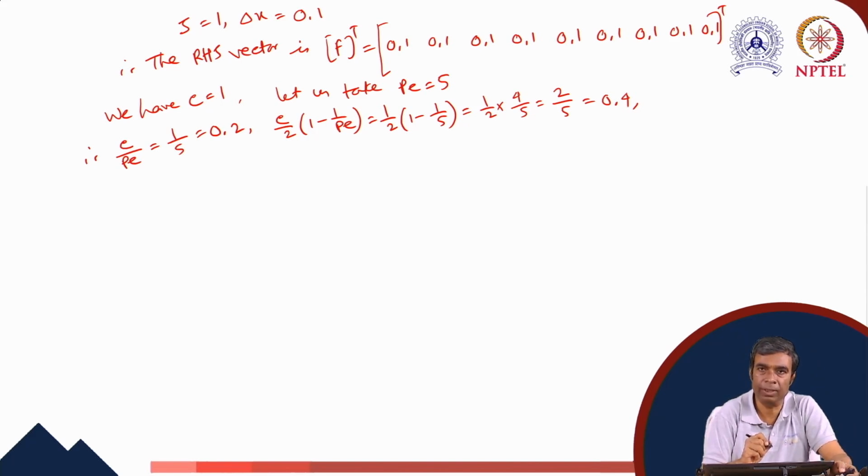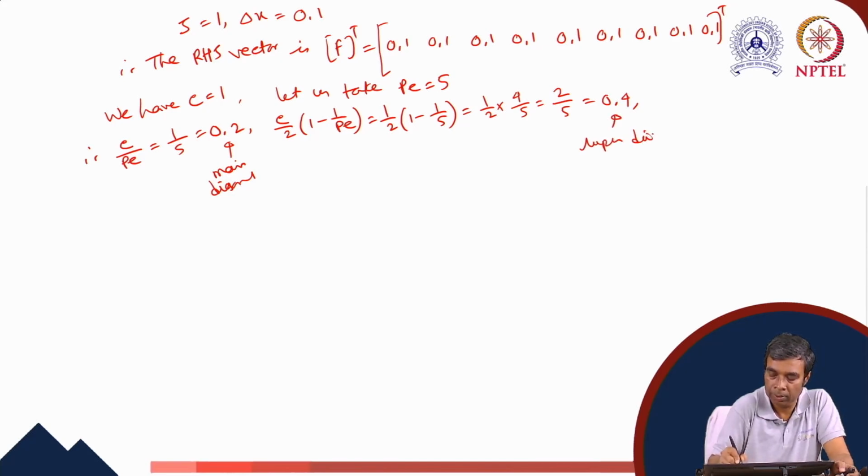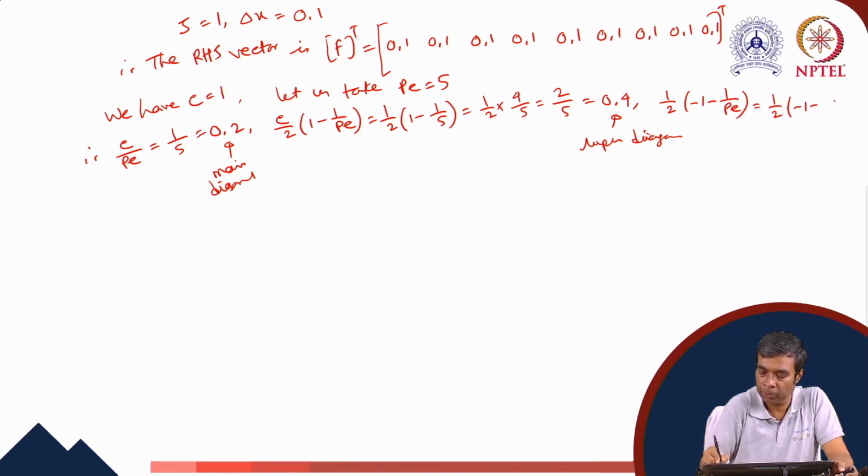The super diagonal terms are 0.4. Our subdiagonal terms are half of minus 1 by PE equals to half of minus 1 minus 1 by 5 equals to minus half into 6 by 5 equals to minus 3 by 5 equals to minus 0.6. This is subdiagonal term.